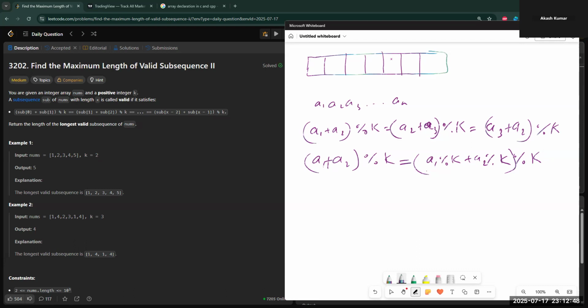If we think about any subsequence, let's say we have A1, A2, A3, up to AN, the modulus value of all these consecutive pairs should be equal.